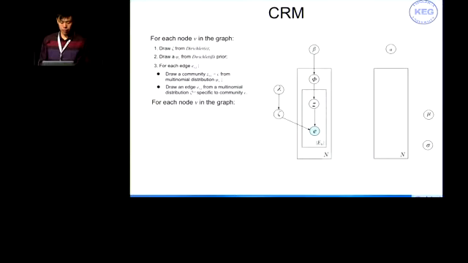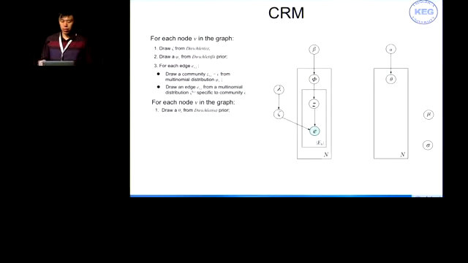And the last component generates actions. For each action Y, we first draw a row from a Dirichlet prior. Here, row is a probability of a node taking a specific action.